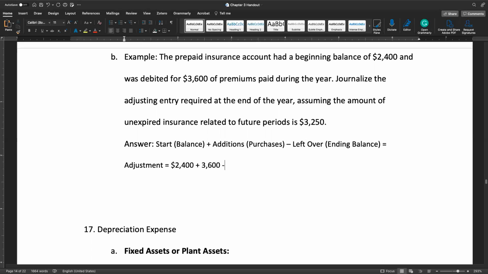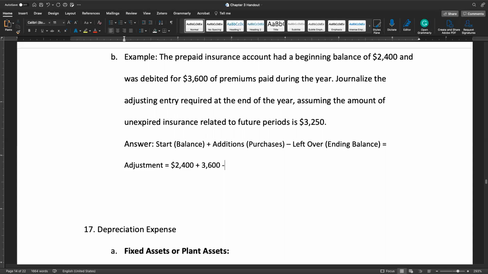And then what was our balance at the end of the period? Started with 2,400. We paid 3,600. What is it saying there that we have left at the end?